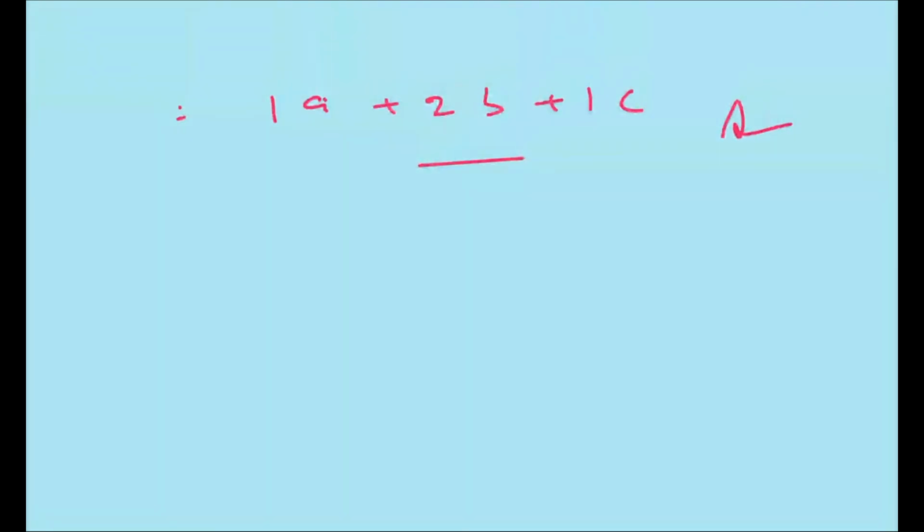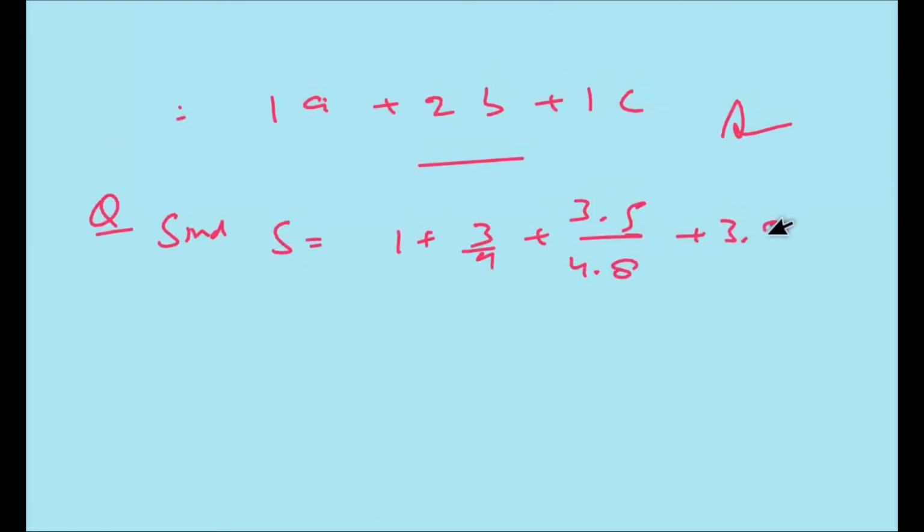Now we are going to explain this way. Find s equal to 1 plus 3 by 4 plus 3 into 5 upon 4 into 8 plus 3 into 5 into 7 upon 4 into 8 into 12 plus dash dash dash up to infinity.